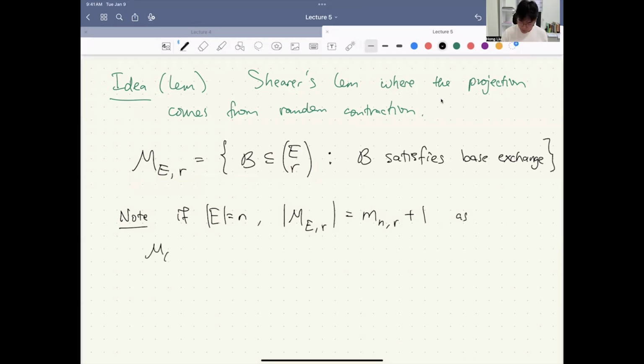As M(E, R) contains the empty set, apart from all rank R matroids.